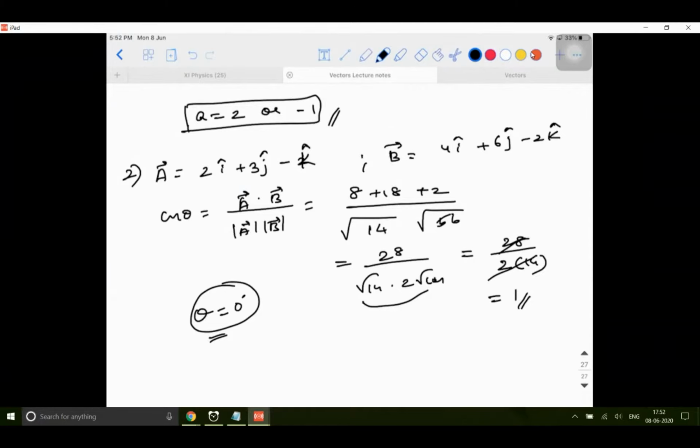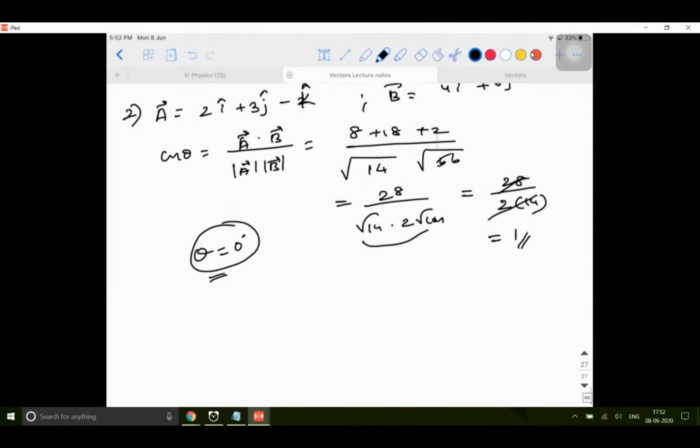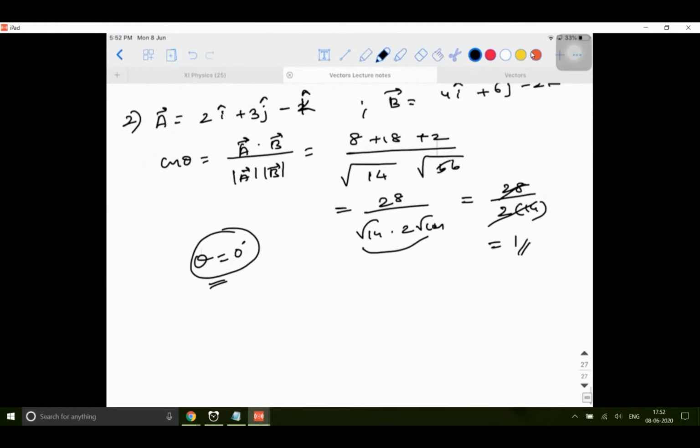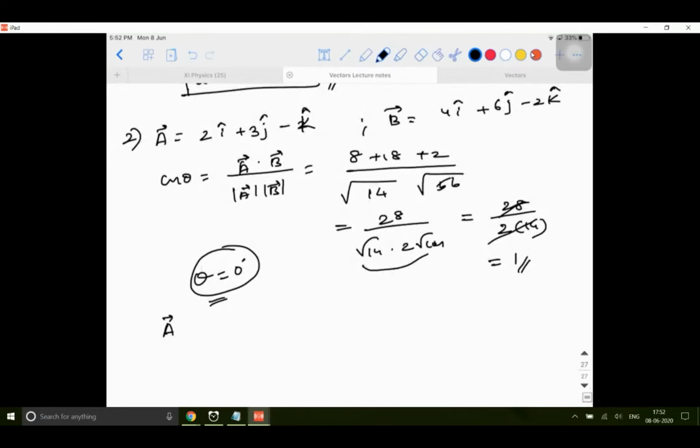Right, there's one way. If you recollect the concept which I told you on the very first day, I told you if two vectors are parallel to each other, then one vector is equal to lambda times the other vector. Do you people remember this?